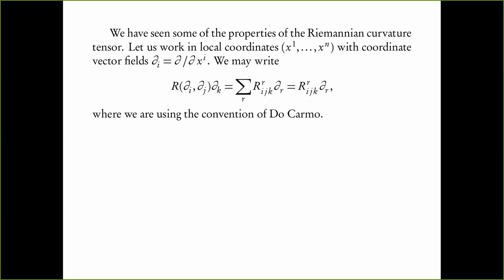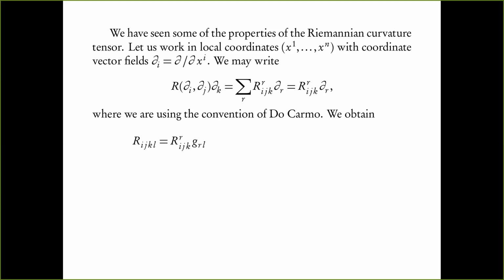So there's a convention here. There's actually more than one way to denote this object. Some people might use R_jik^r here, or in some other way, but there's a convention, so you have to pick one. We're using the convention of Lee. Because you might want to call this R_jik, and r appears after k, but on the top and so on. So it depends on how you want to contract and do things with indices.